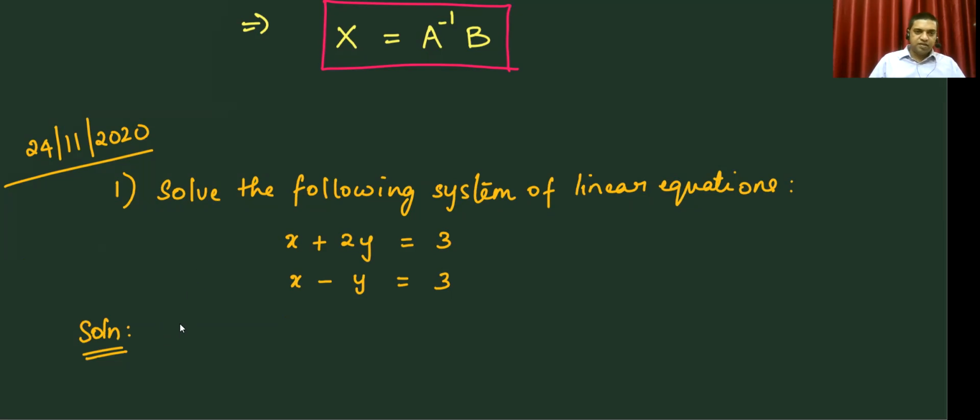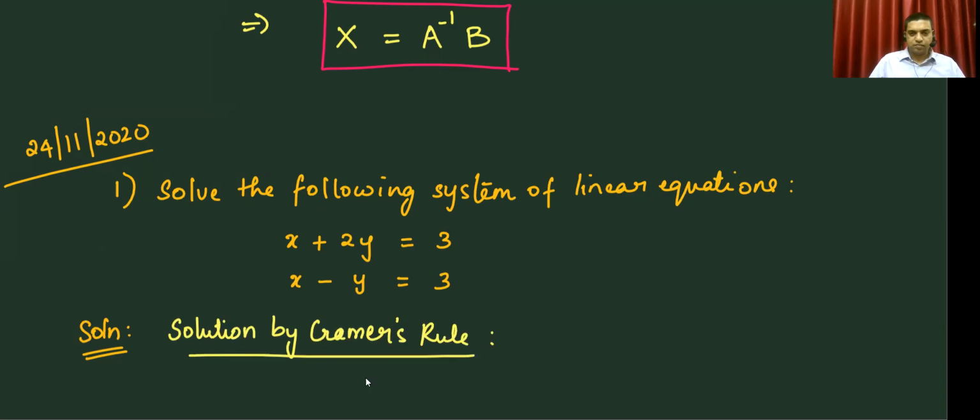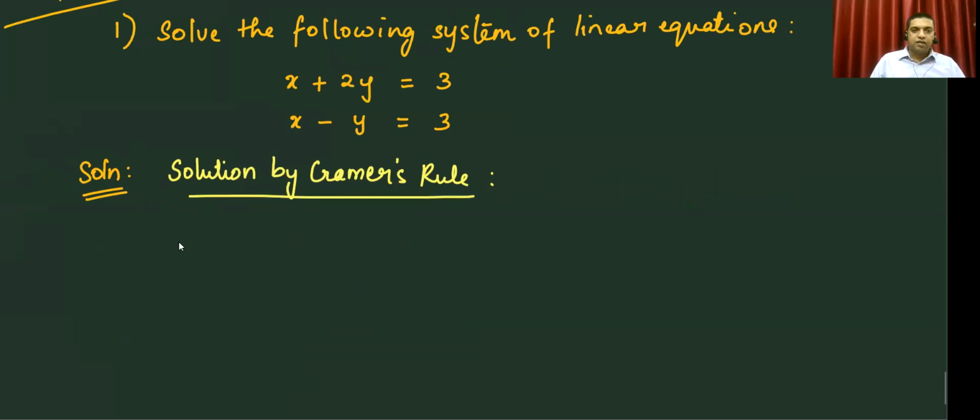So this is the solution by Cramer's rule. Delta is the determinant of the coefficients of x and y: 1, 2, 1, minus 1. Which is minus 1 minus 2, which is minus 3.